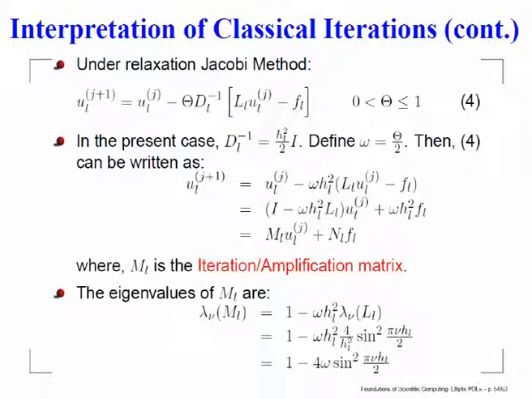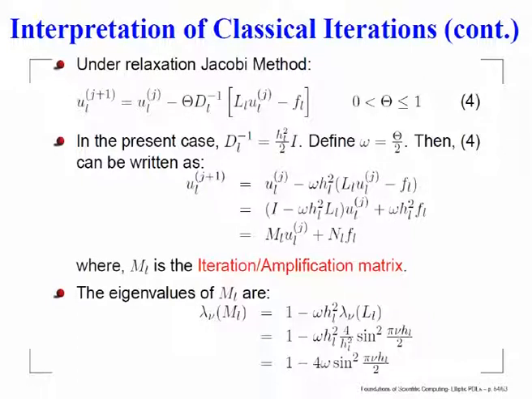That will be 1, coming from the I matrix, minus omega h_L square times the lambda of the L_L matrix, which is 4 by h_L square sine square of pi mu h_L by 2. So the eigenvalues are given in terms of this.